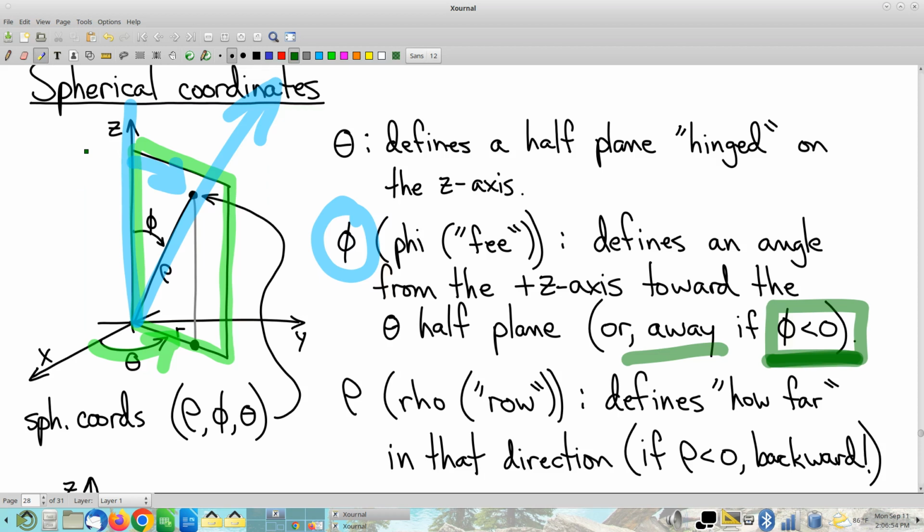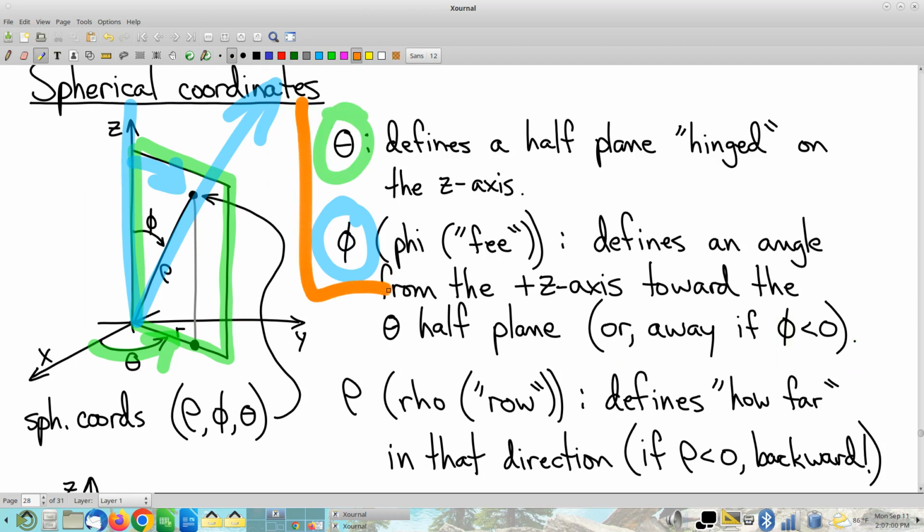And now, again, we've made the observation that between the two of them, with a theta and a phi, that defines a direction, like so. And once you have a direction coming out of the origin, then all we need is an indication of, I'm going to, again, commit a little math crime, how far we're going to go in that direction.